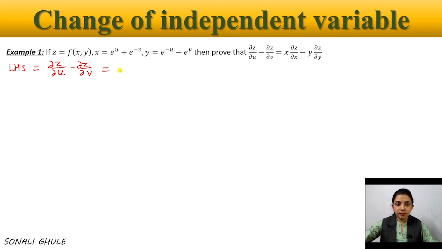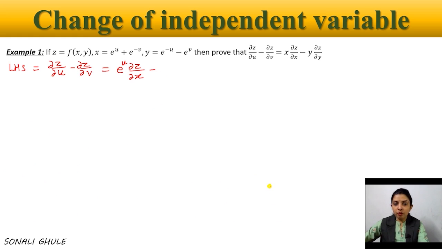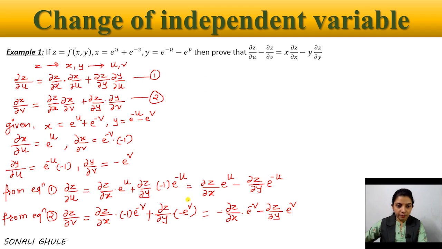So it is e to the power u dou z by dou x minus, then e to the power minus u dou z by dou y, minus a big curly bracket we have to write, because we have to multiply a minus sign to each term. Okay. So then if I write here the value for z with respect to v, what is the value?